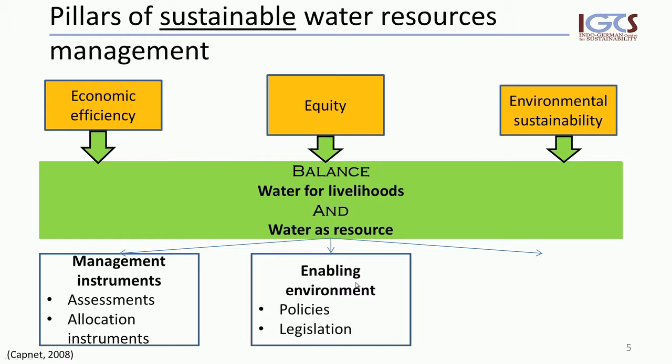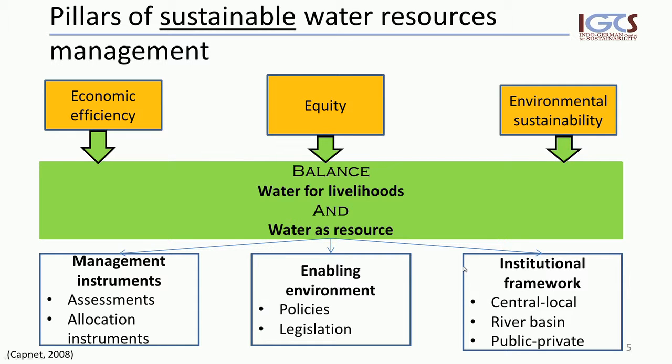That should be created through policies, through legislation. And we require an institutional framework. We need a link, an established and working link between the central government, national level, the regional level, the local level, and we need institutional frameworks for the entire river basin, and we need frameworks which allow the exchange and collaboration of public-private relationships.